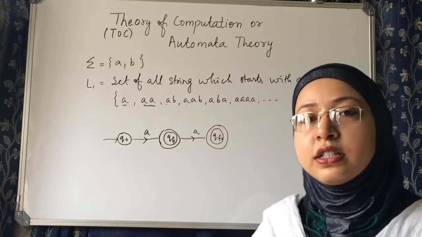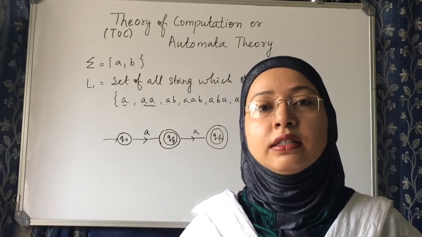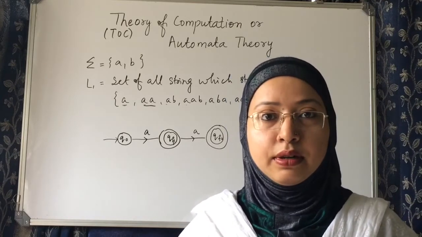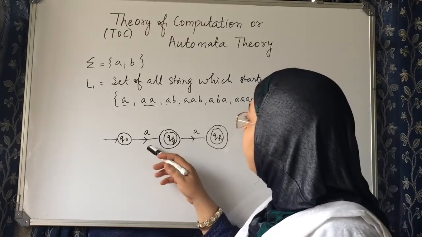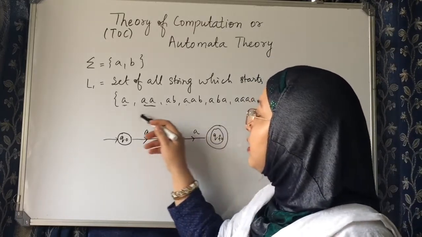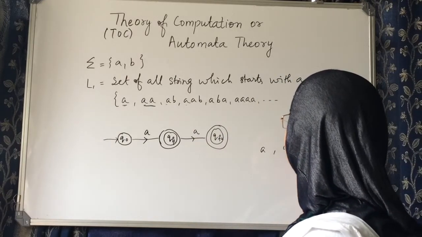I'll tell you what a minimal DFA is. Minimal DFA means we have to make the states as few as possible. And what are we making? We are making 3 states, just to accept these 2 strings, A and AA.